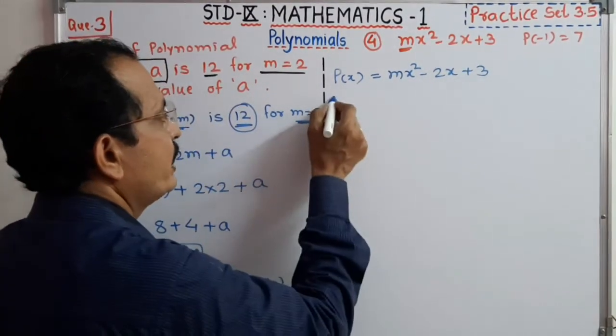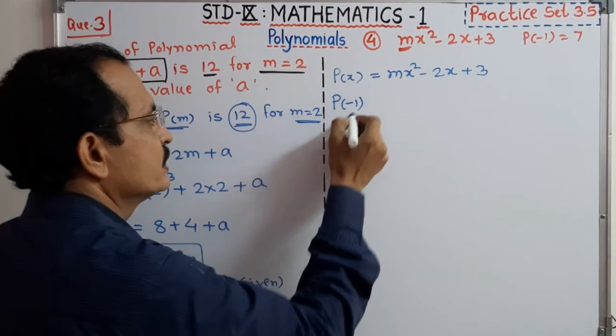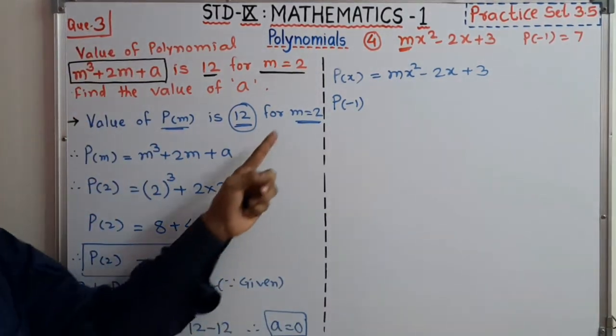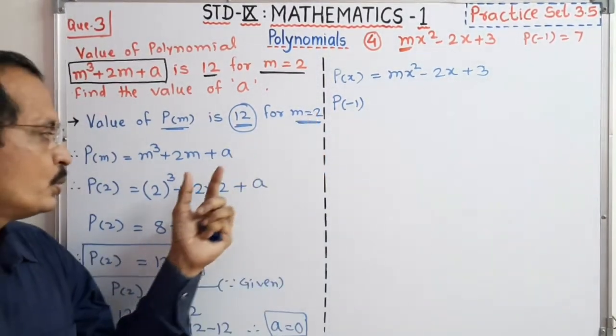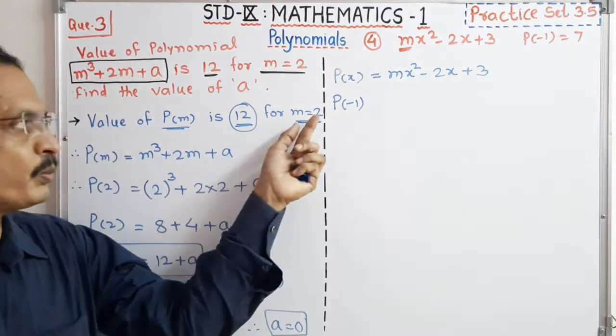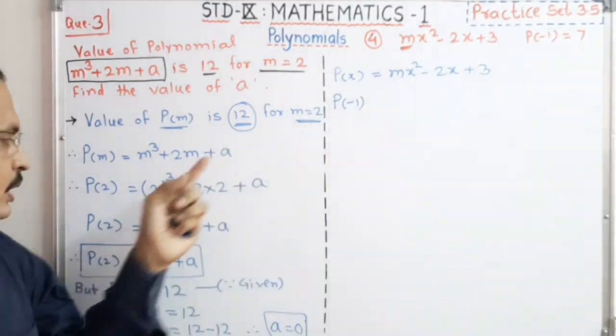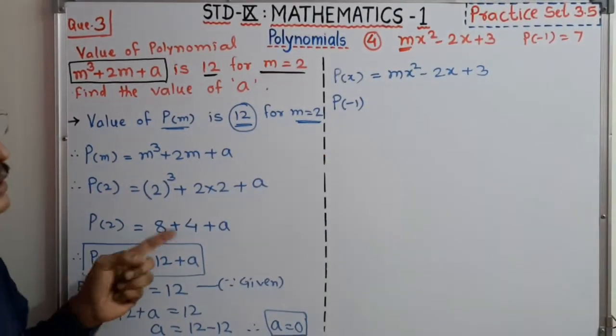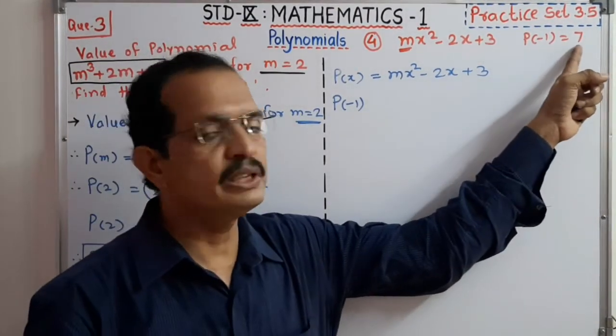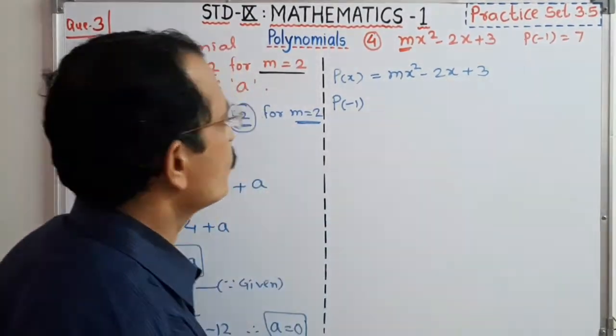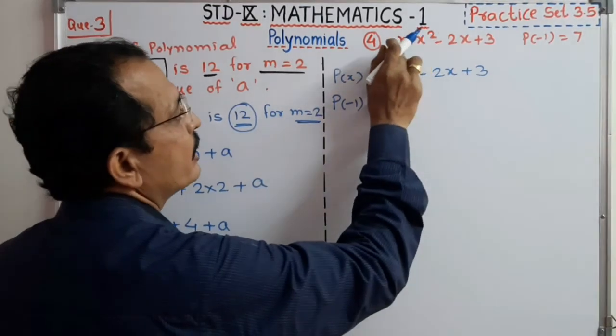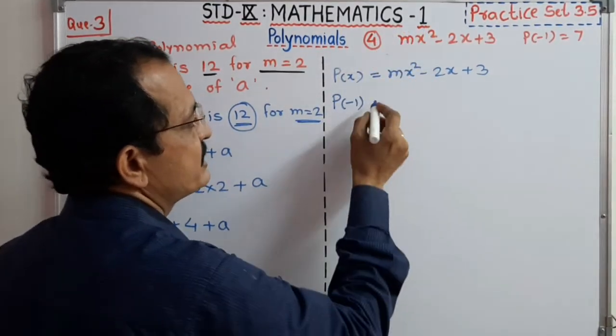Therefore we have to find p(minus 1). Dear student, earlier the value of the polynomial for x equal to 2 was given, therefore we found p(2). Same way, p(minus 1) is given as 7, but we have to find it again, where m is the unknown coefficient.